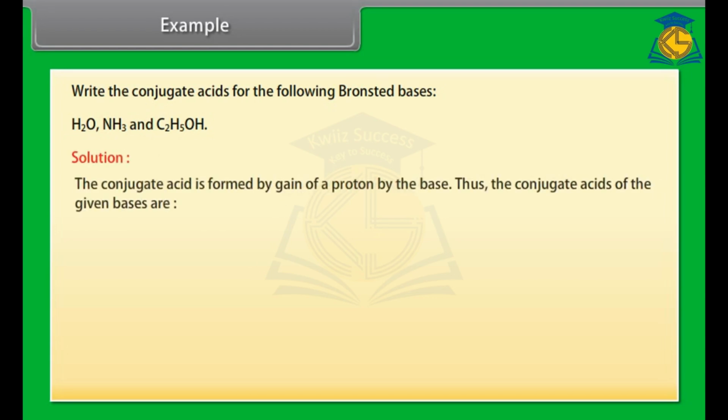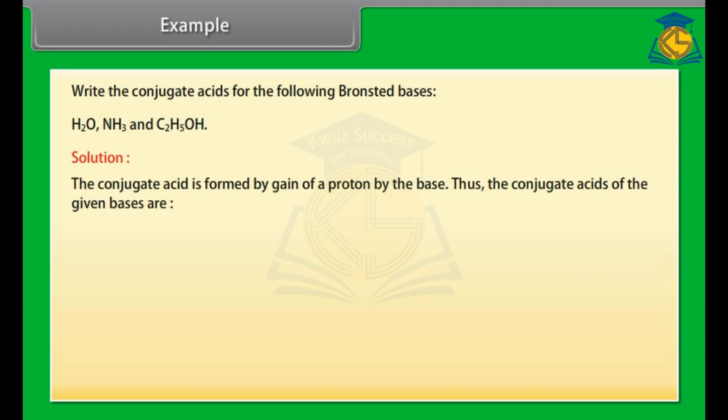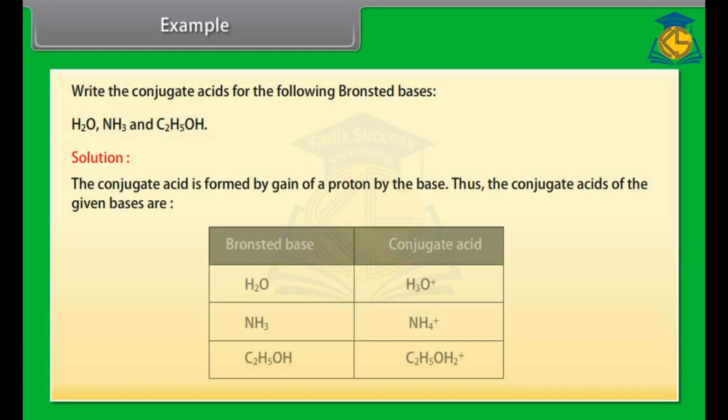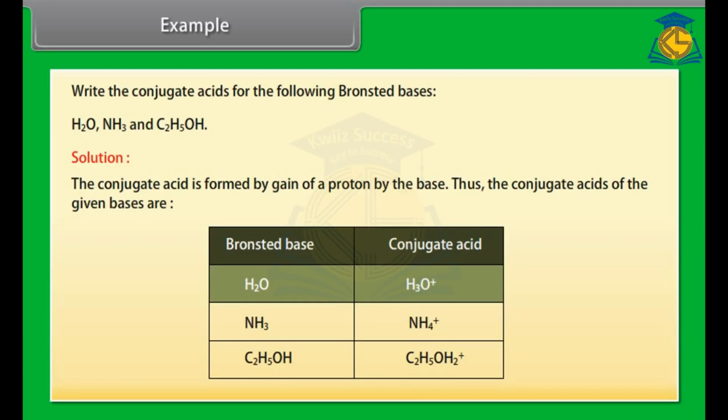Solution: the conjugate acid is formed by gain of a proton by the base. Thus, the conjugate acids of the given bases are: for H2O, conjugate acid is H3O+. For NH3, conjugate acid is NH4+.